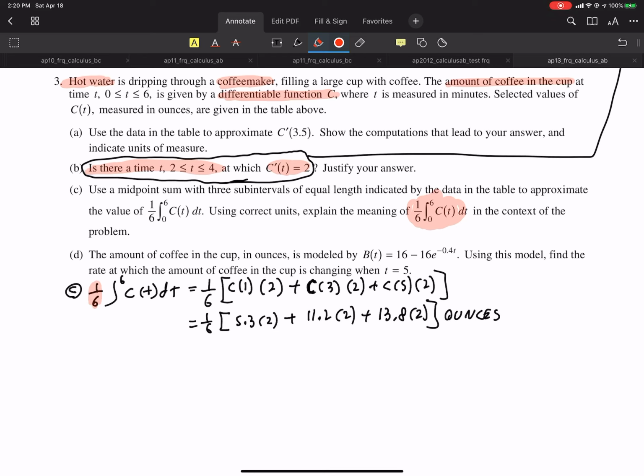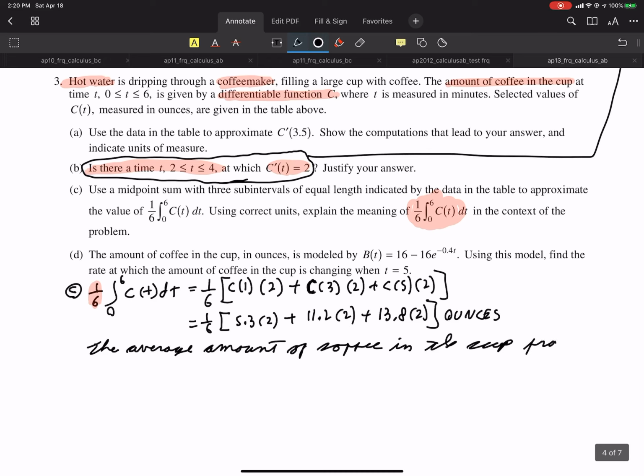So tying all that together, you would say the average of C, which is the amount of coffee in the cup, so the average amount of coffee in the cup, from t equals 0 to t equals 6 is, and it's the answer we found previously.